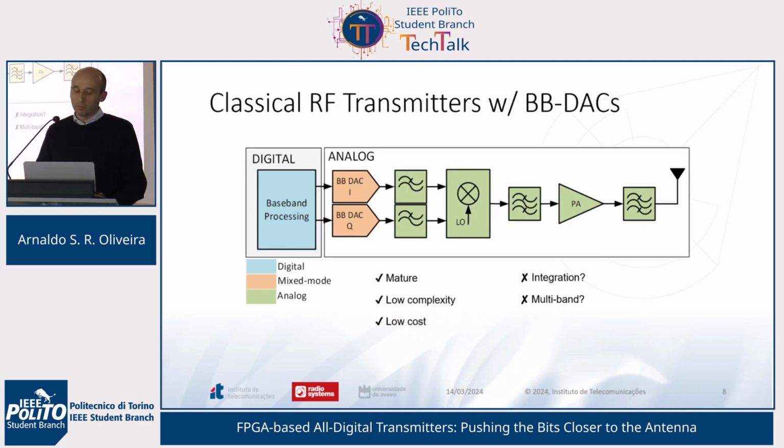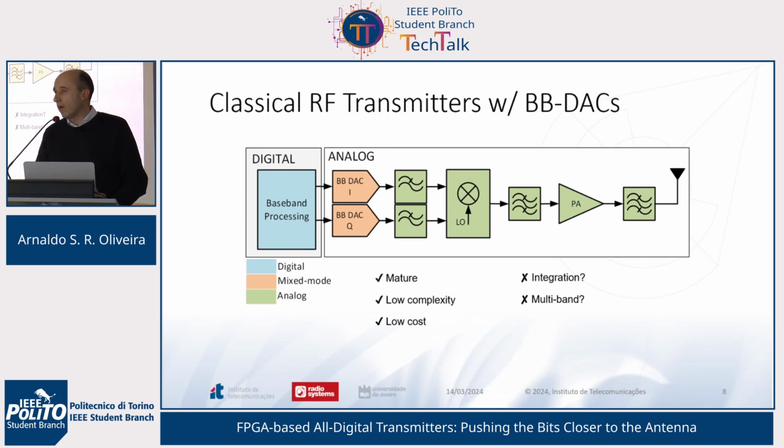from the very basics, in order to establish a timeline until the work we developed over the last 10 years. At the beginning, what is the architecture of a classical RF transmitter? If we consider that the processing is done at baseband, we have the DACs at baseband. All the remaining functions are performed in the analog domain, namely the filtering, the conversion, the amplification, and radiation.